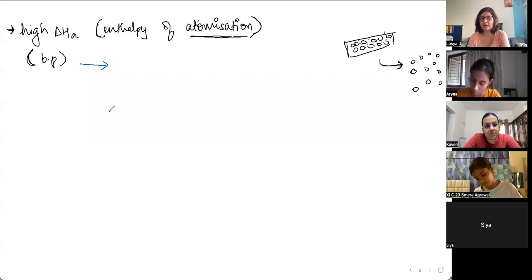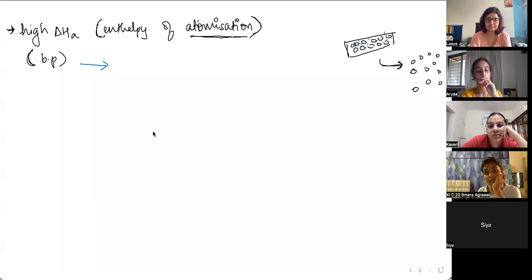So what will the trend be? Increases. On what basis? Is it the same as melting point?